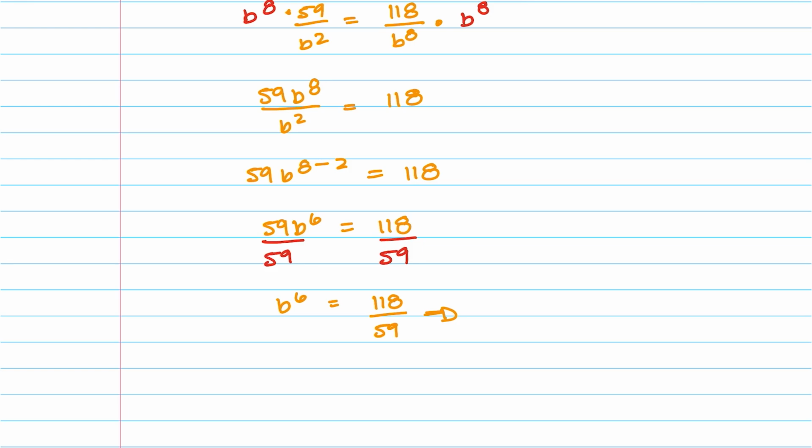And so to get rid of that b to the 6th, we take the 6th root of both sides, and by doing that, we end up with the expression b is equal to the 6th root of 118 divided by 59. Using a calculator to evaluate this expression, we get that b is approximately 1.12.